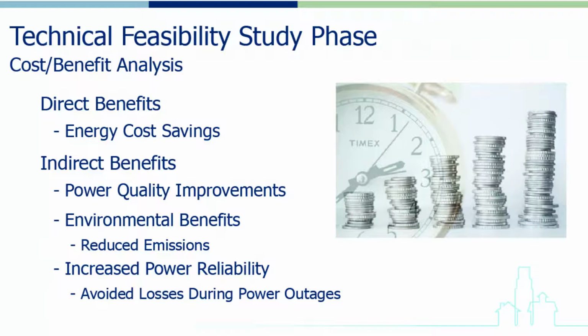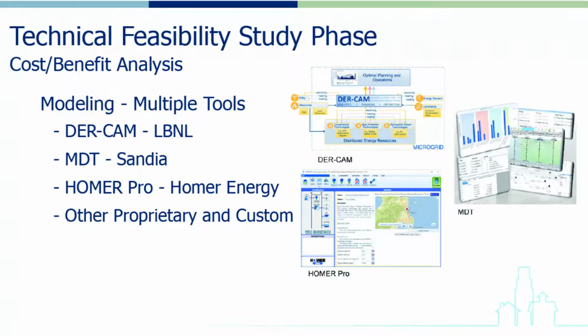Nonetheless, both need to be included to measure the true benefits of a microgrid to a community and to a region. As noted on the previous slide, cost-benefit analyses can be complicated and require a lot of judgment as well as a lot of input.